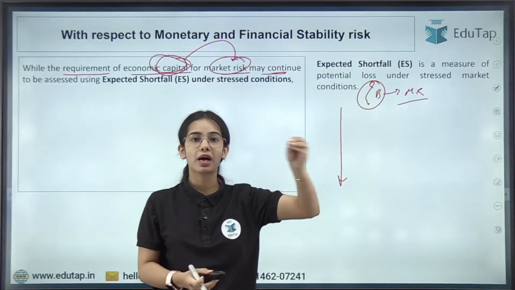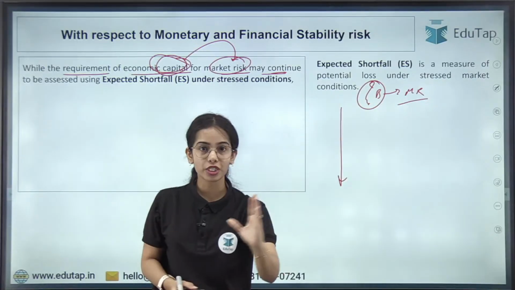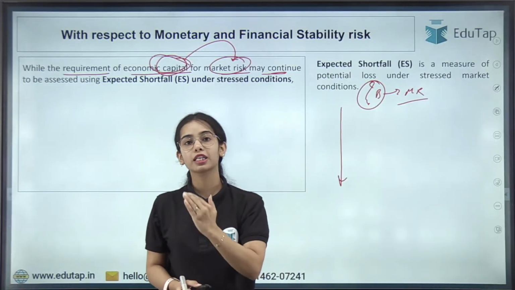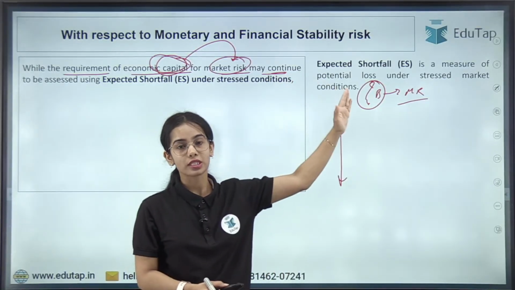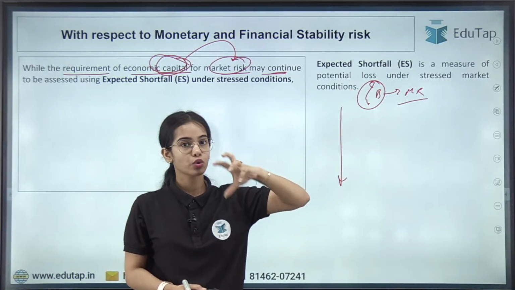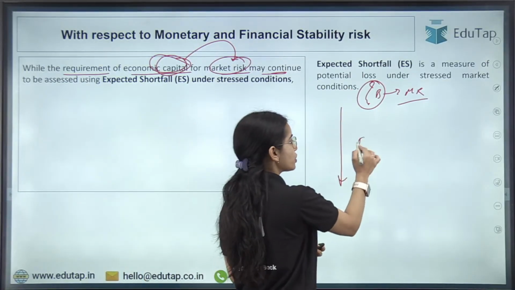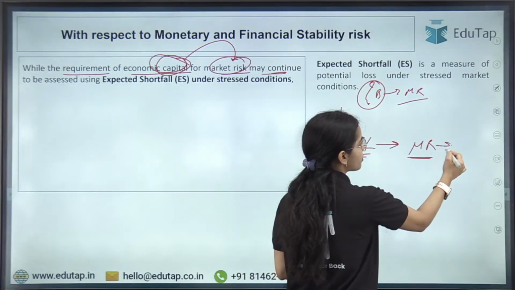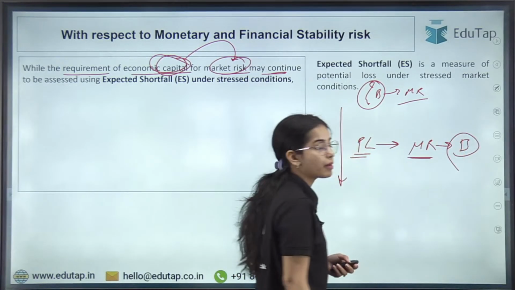If the market condition is very volatile, it is going towards a downward trend. So if a stressed market condition is coming, what is the potential loss that the RBI can face? That is the risk. This is the market risk. On the basis of the market risk, the buffers will have to be maintained by the RBI.